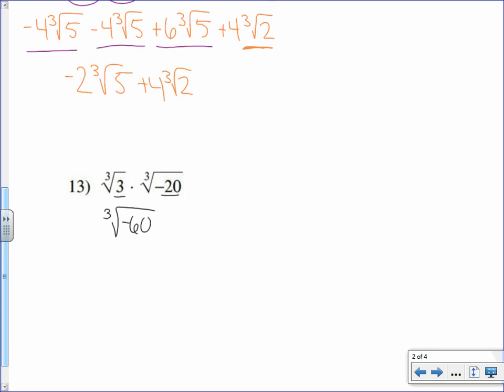But this isn't simplified completely because we have an odd index and a negative, so we can take out this negative sign. This is going to be negative the cube root of positive 60. And as far as I know, 60 can't be broken down, because we're going to have no groups of 3, so that's done.